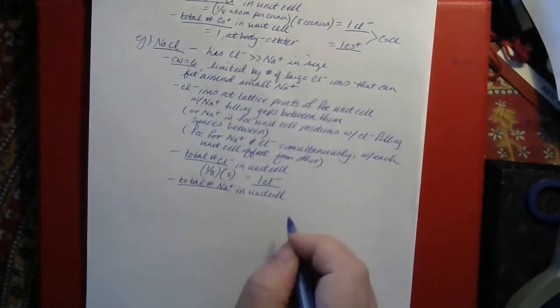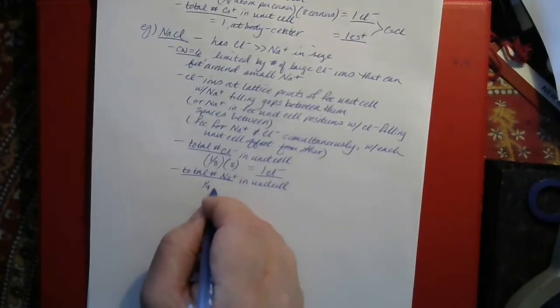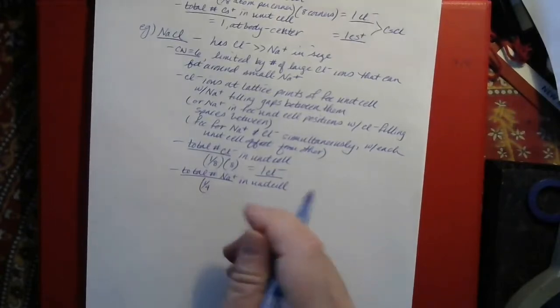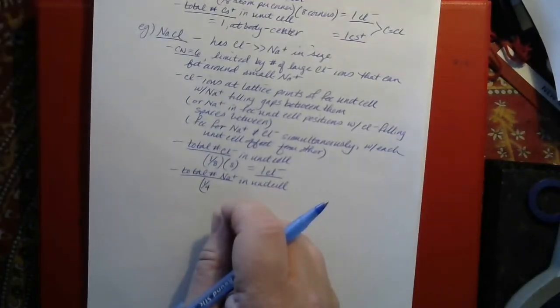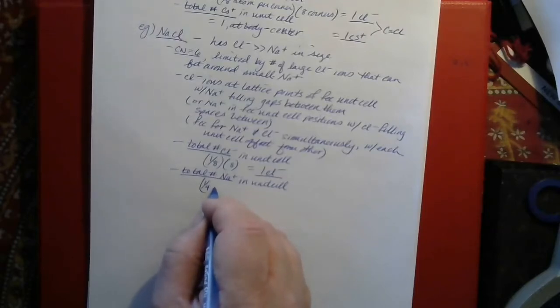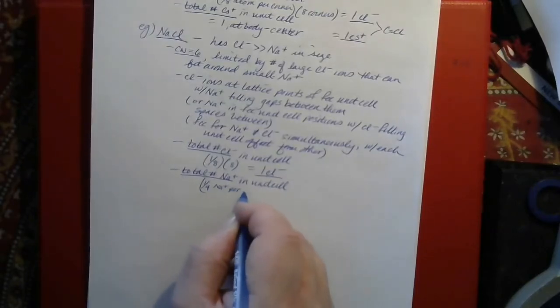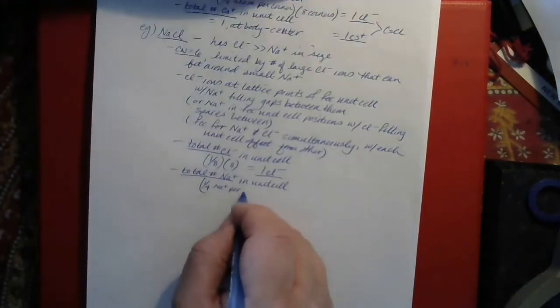And if you look at the total number of sodium ions in the unit cell, the way the sodium ions are arranged, if we're looking at this as a face-centered cubic arrangement of chloride ions with the sodium ions in the spaces between the chloride ions, then what you would have would be 1/4 of each sodium ion per edge of the cube.